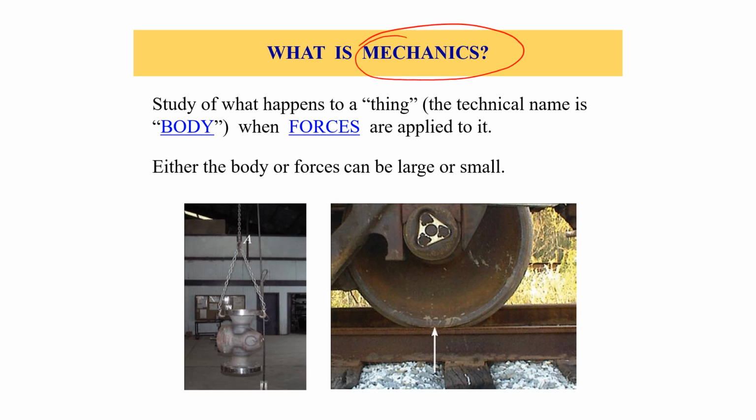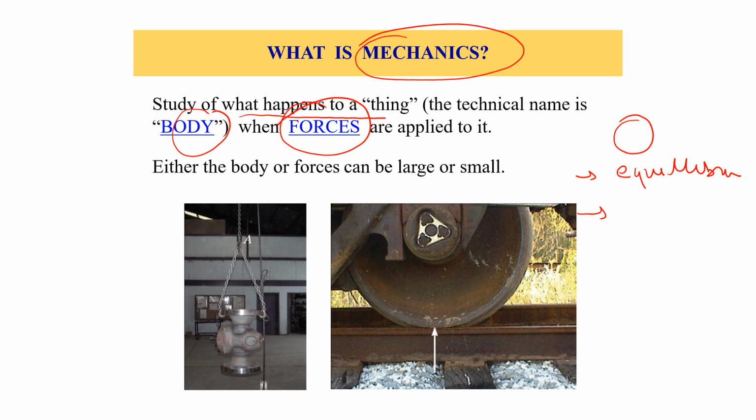What is mechanics? So you have already taken a course on statics, so I think you know what mechanics is. It's basically a study of what happens to a body when a force is applied. So when the force is applied, a body can be under equilibrium, that is the first condition, or a body can accelerate.